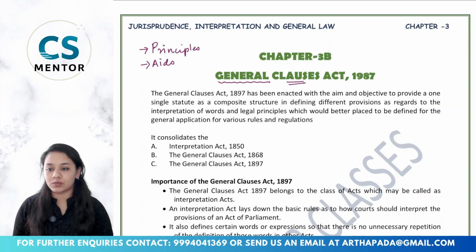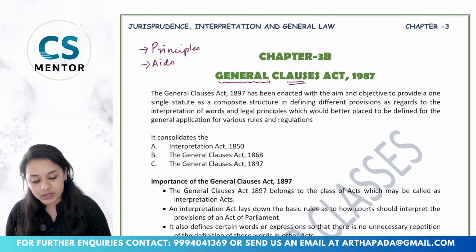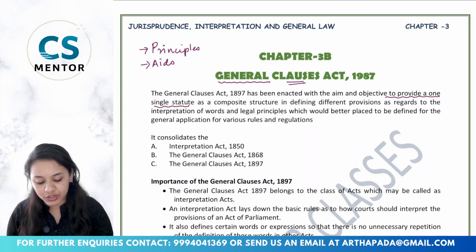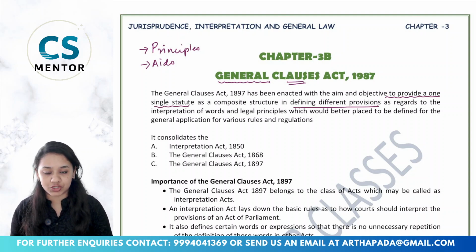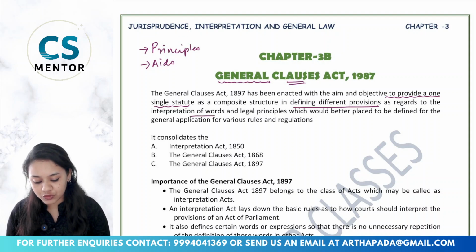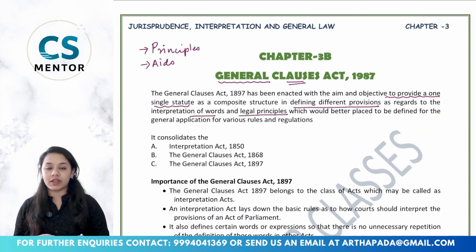So, what is the objective of this law? The main objective is to provide one single law as a composite structure in defining different provisions with regards to the interpretation of words and certain legal principles which would be defined for various rules and regulations.